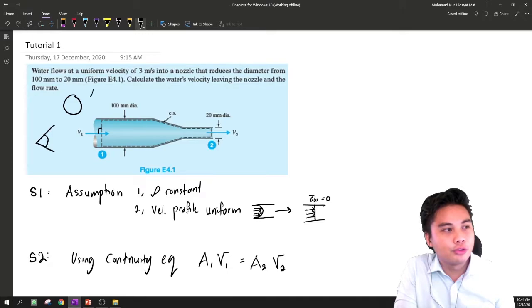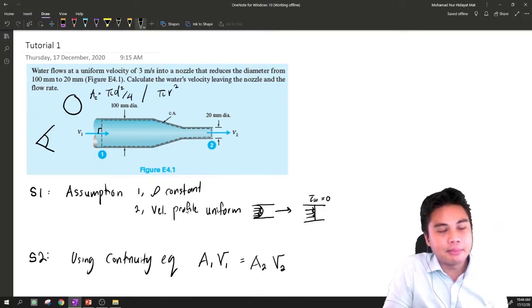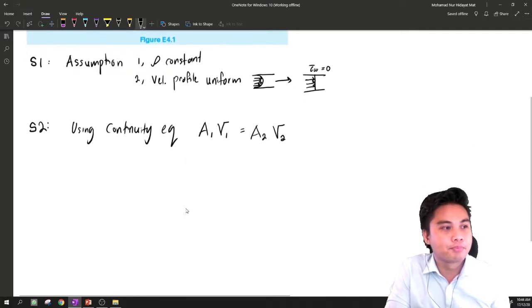Definitely we're going to use the area formula of the circle, pi d squared over 4 or pi r squared. Since the diameter is given, we can directly use the first formula.